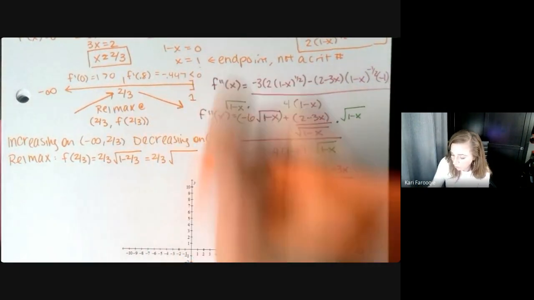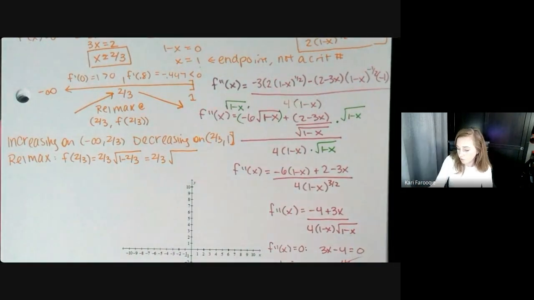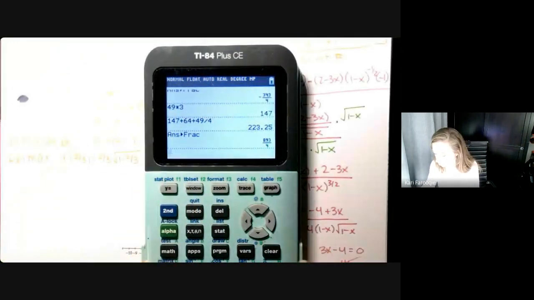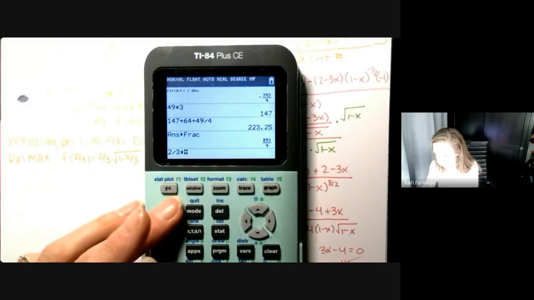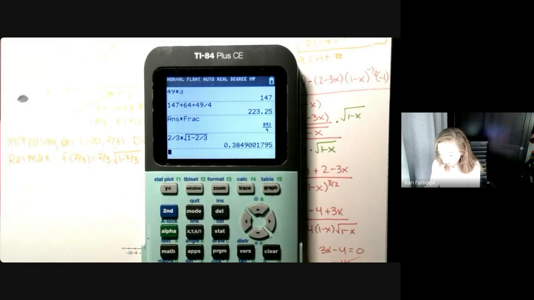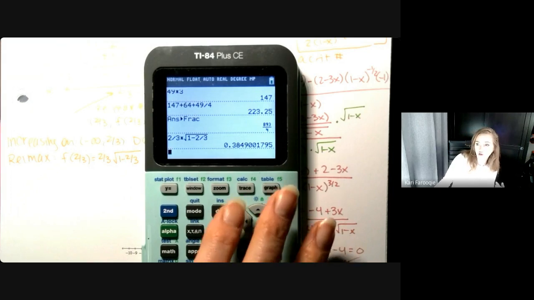Let's be real here. We're going to be graphing this value. So if we get a decimal approximation, that's probably just fine. So I'm going to put in 2/3 times, and if you even want to put the whole thing in, that's fine. 1 minus 2/3 under the radical. 2/3 times the square root of 1 minus 2/3 is approximately 0.385-ish.